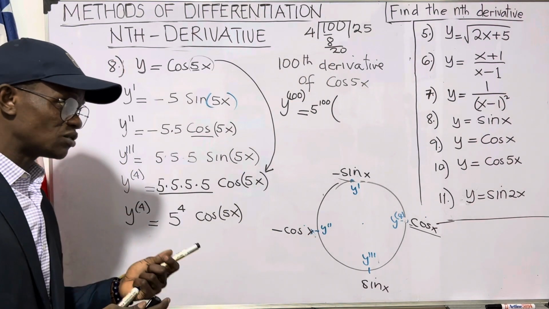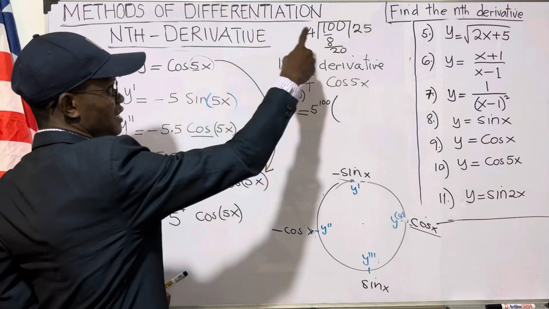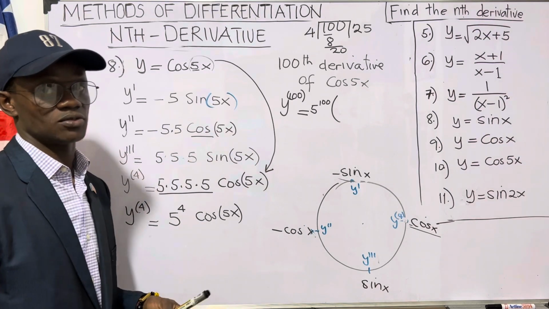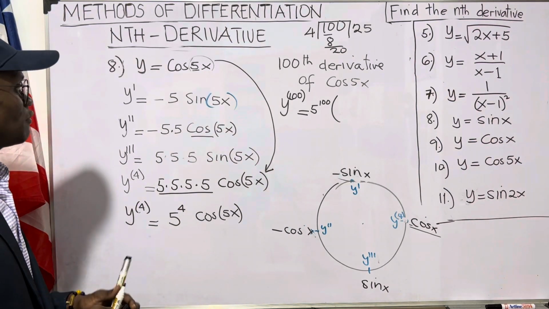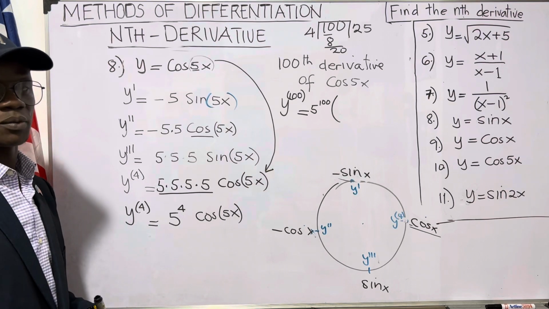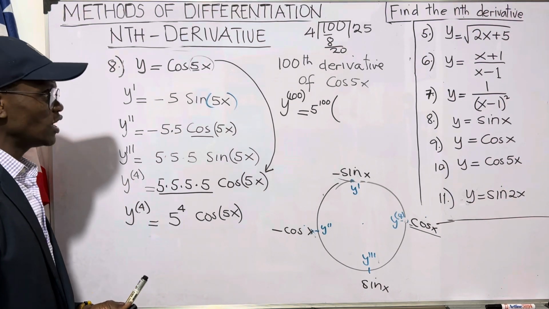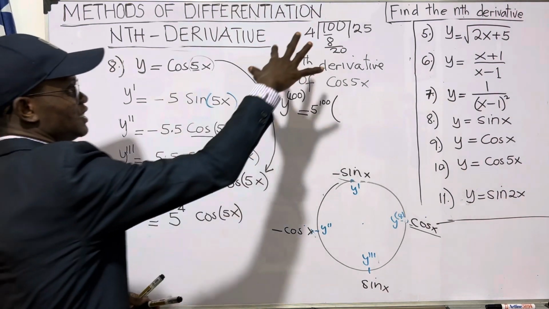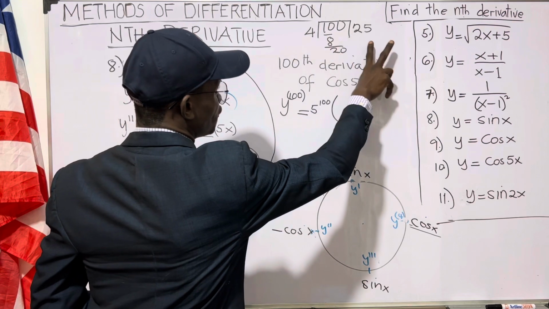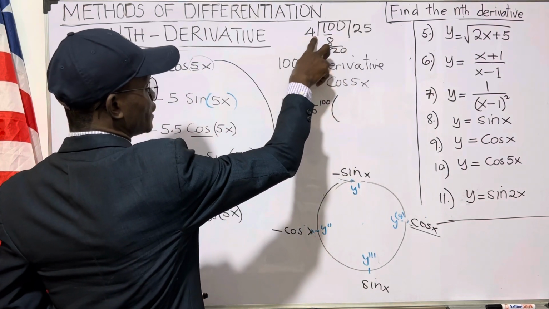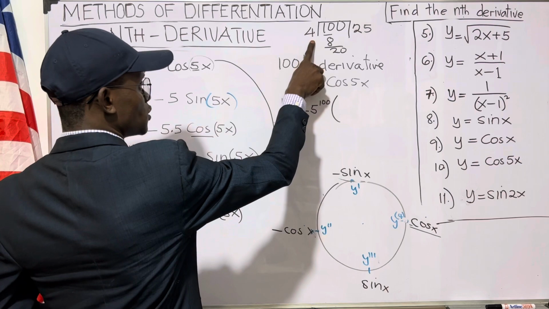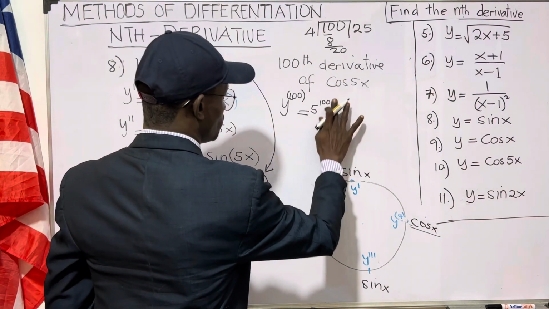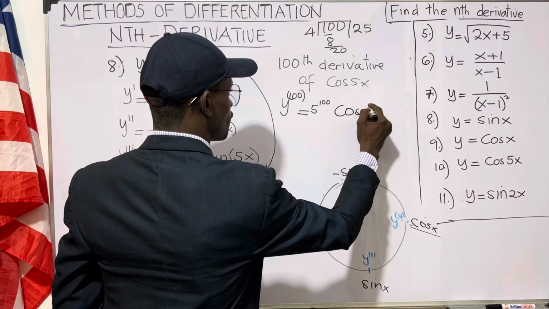Mind you, another secret is that you cannot differentiate this expression more than 3 times, because when it reaches 4, it means you already know that it is the original function. So because it divides evenly by 4 with remainder 0, it will be cos of 5x.